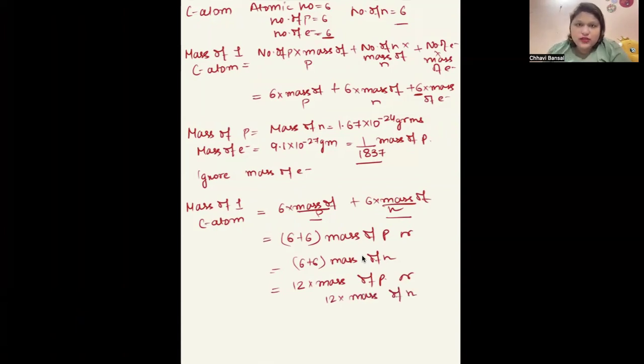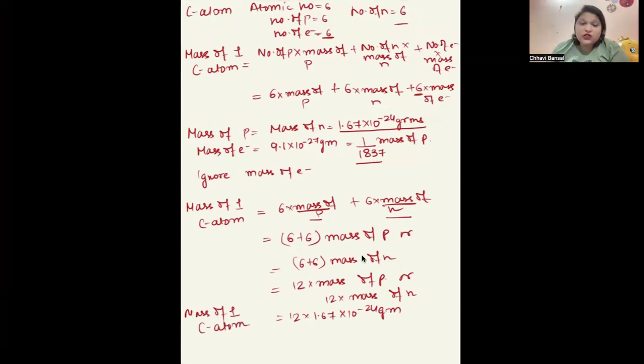So far it's clear. Now I'm going to substitute this value of mass of proton or neutron, and I will get 12 into 1.67 into 10 raised to minus 24 grams. This is the mass of one carbon atom.